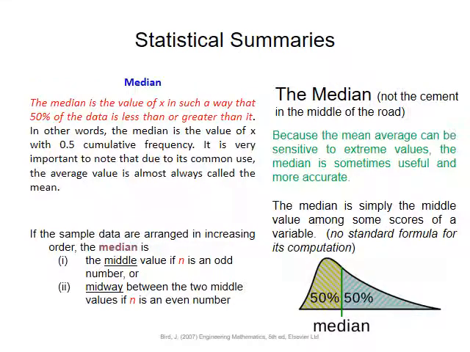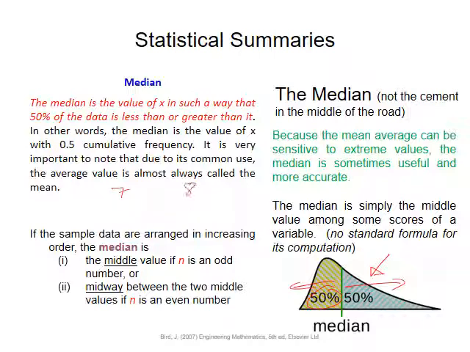For the median, as you can see here in this figure, it is very easy: 50% to the left, 50% to the right. It is the value x, as in the definition here, such that 50% of the data is less than it and 50% is greater. Now your data could be odd or even in number. For example, if you have 7 samples, this is odd.